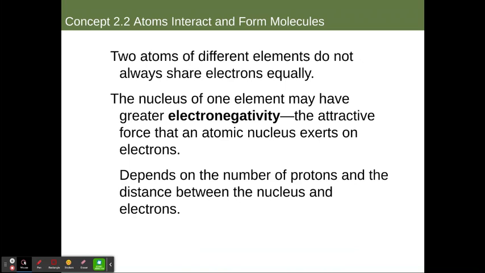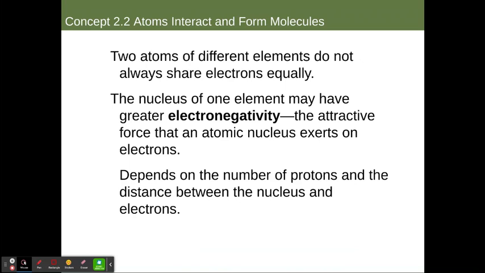Okay, so two atoms of different elements don't always share the electrons equally. Sometimes the electrons will spend more time around one of the elements than the other. This creates electronegativity. Water is a great example of this, and we can see this on page 22 in your text.